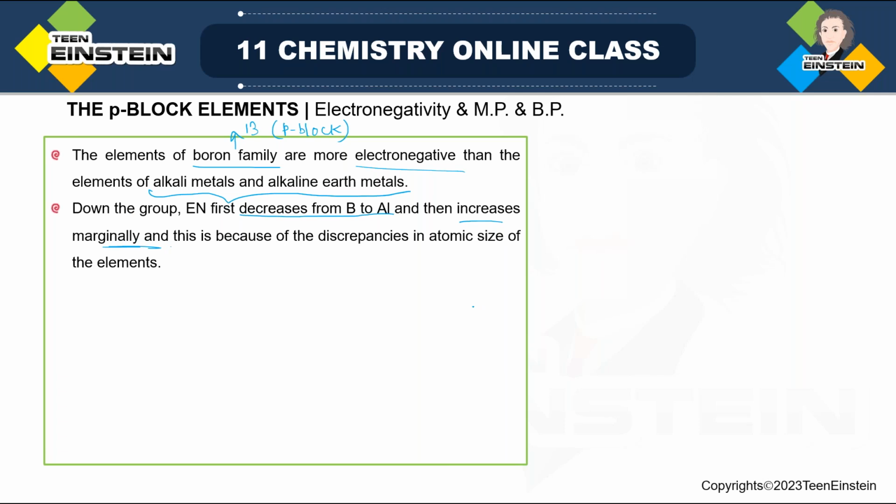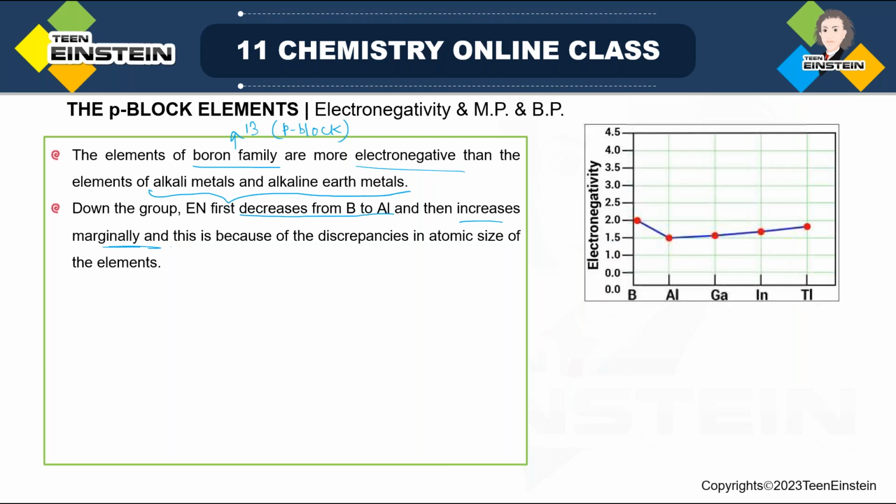Now again, the explanation behind this unusual electronegativity trend is the atomic size of the element. Remember, for aluminium and gallium, there is some discrepancy in the atomic size, as we have seen. So that is why the normal electronegativity trend is not observed. The normal trend is like this: when you move from boron to Tl, it should decrease like this, but that is not happening. Only this part you can see is as per our expectation.